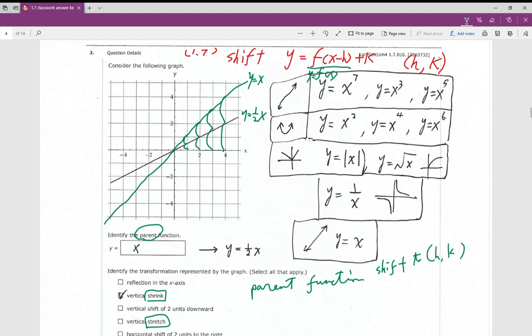Before we start to talk about number 3, I want you to memorize some more parent functions. Number 1 is the odd function. Odd function, y equals x is not a curve. This is a straight line, a linear function.